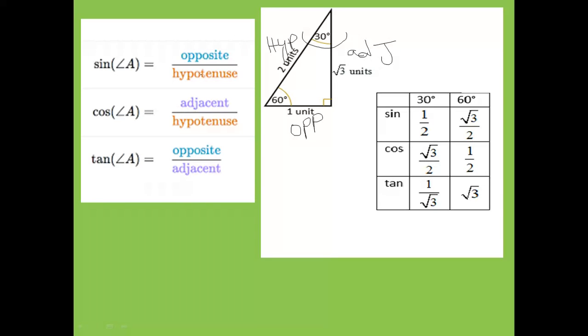So what is sine 30 degrees? Opposite side by hypotenuse. Opposite side is how much? 1. And hypotenuse is how much? 2. So sine 30 degrees is equal to 1 by 2. And cos 30 degrees: adjacent side root 3, hypotenuse 2. Therefore, cos 30 degrees is equal to root 3 by 2.